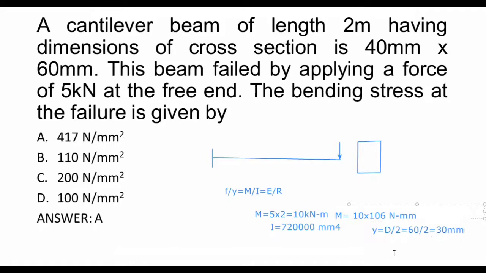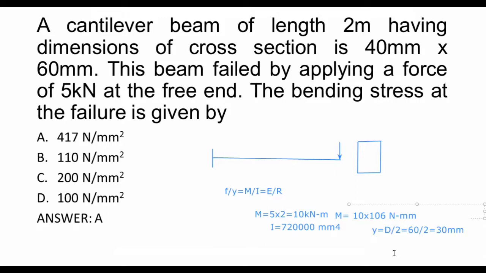So all values are with us. We just have to substitute and find bending stress. So we will substitute it. So 10 into 10 raised to 6, that is M value, into y which is 30, divided by I value which is 7,20,000.